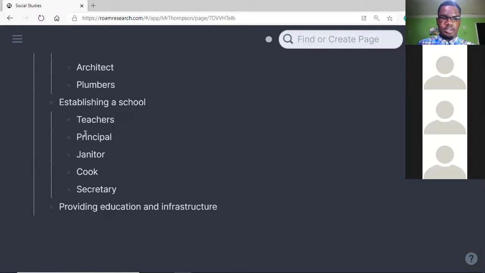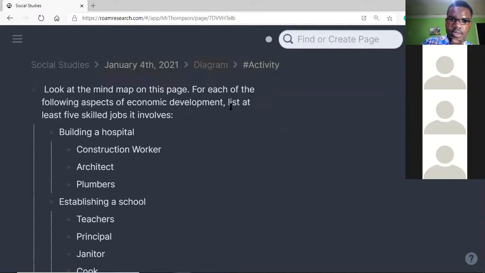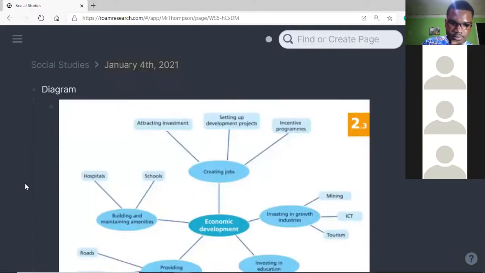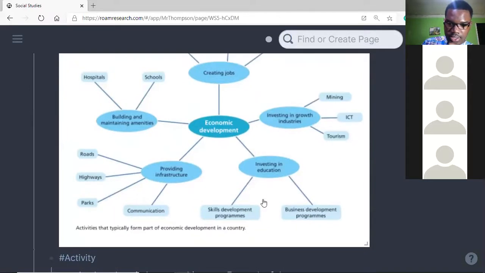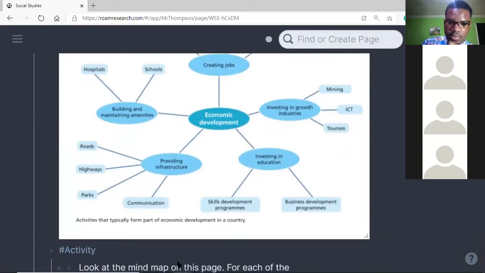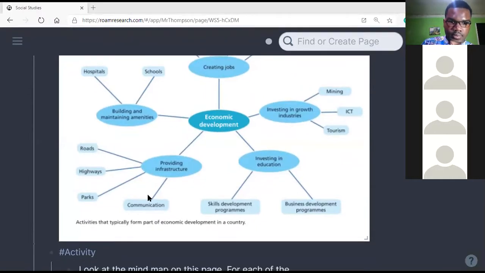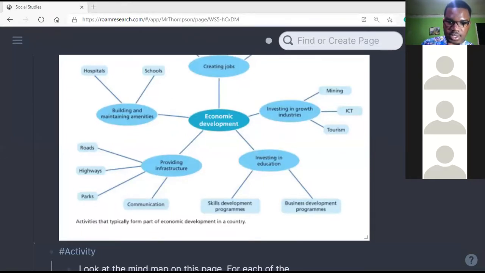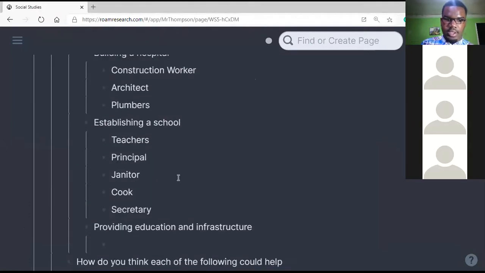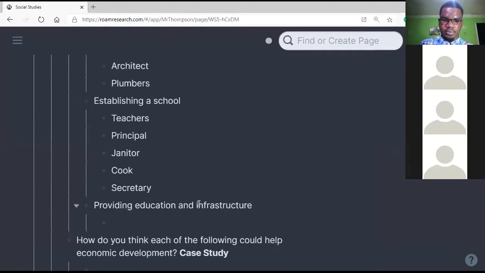Okay, so I like these. Good. And the final one, providing communication infrastructure. Let's look back on the diagram just to make sure. That's my bad, it's supposed to be providing communication infrastructure.